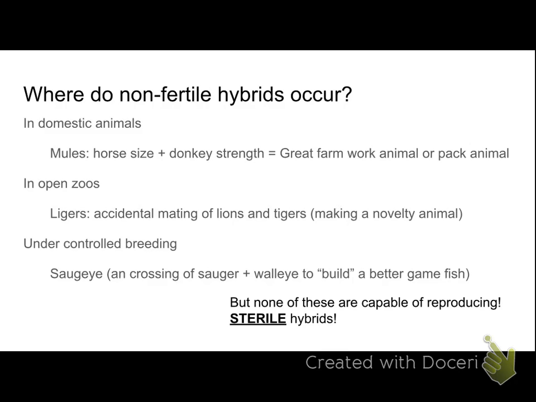Sometimes the hybrid is better than either species that went into making it. So it's got some advantages. With mules, you get a huge animal. It's the size of a horse, but it's got donkey strength. Donkeys are actually stronger than horses, sort of on a pound-for-pound basis. They're tough little animals, but they're little.